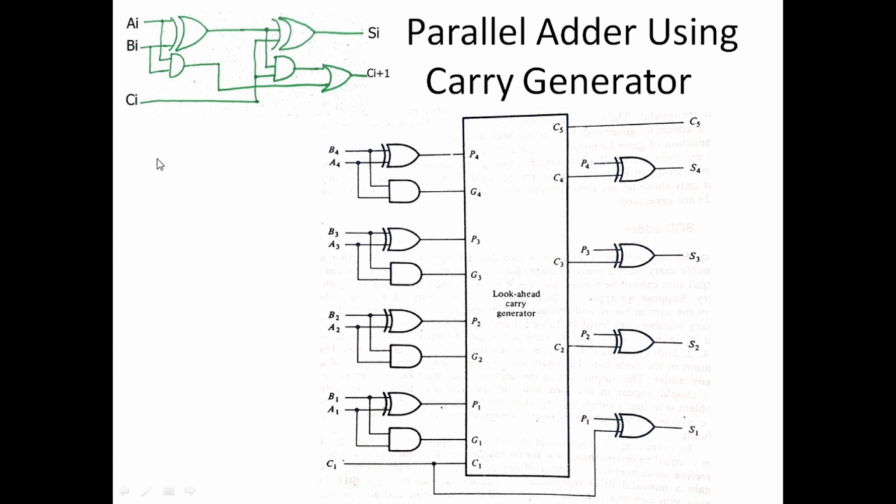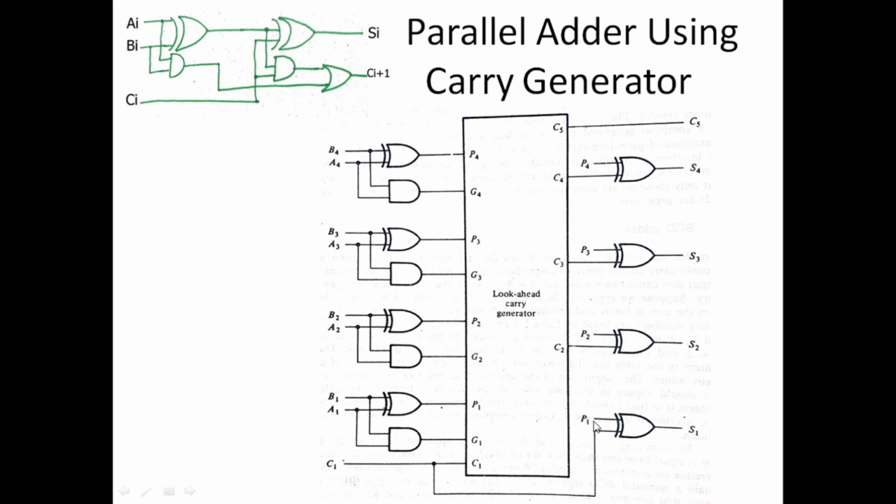If we look at the full adder here, the sum bit is calculated from the P1. This is the first full adder that adds the first two bits. So the sum bit S1 is calculated as P1 exclusive OR with C1.